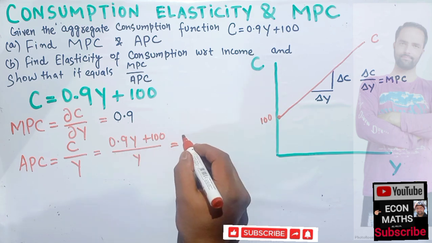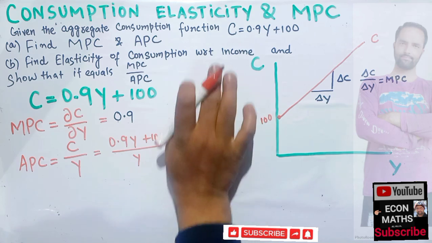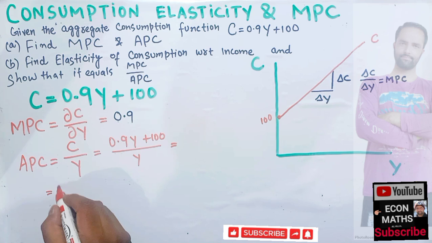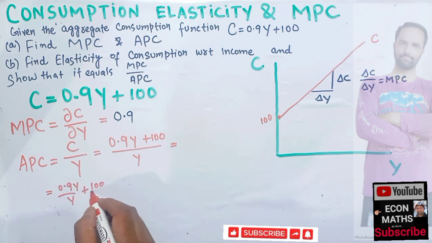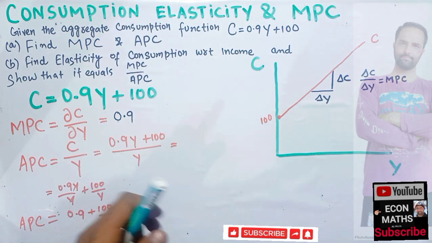So it is simple: 0.9y upon y plus 100 upon y, which is equal to, this gets cancelled, 0.9 + 100/y. This is our average propensity to consume. On average, how we consume, what we consume is given by APC.